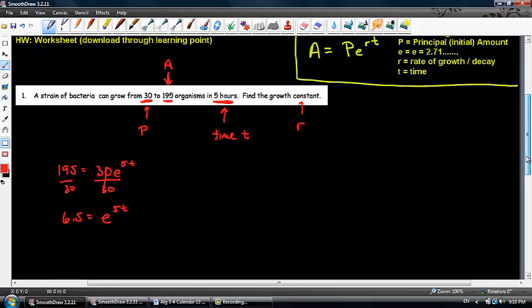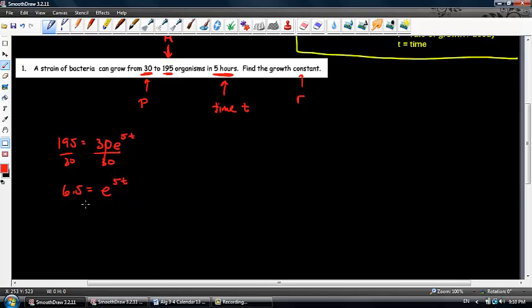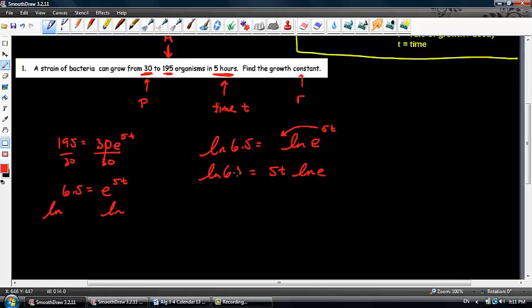Now here's where things get a little funny. Just like in the last section, I'm going to take the natural log of both sides. I have the natural log of 6.5 equal to the natural log of E to the 5R. Now I use my properties of logarithms to bring the 5R down, so I have 5R times the natural log of E equals the natural log of 6.5.